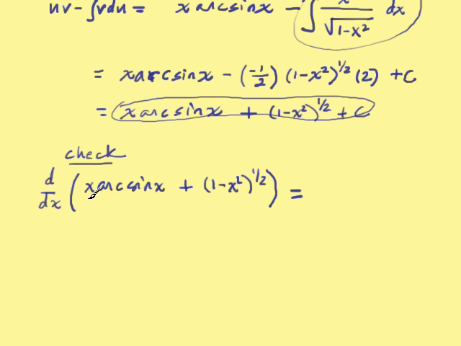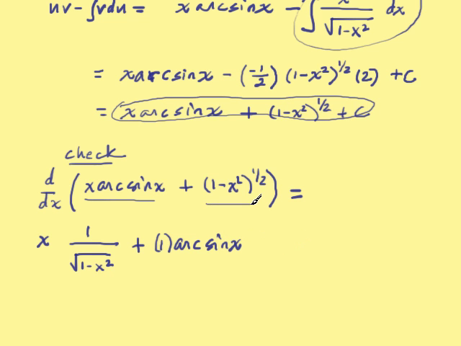Okay, so first we have a product rule right here. So we have the first times the derivative of the second plus the derivative of x is 1 times the second.